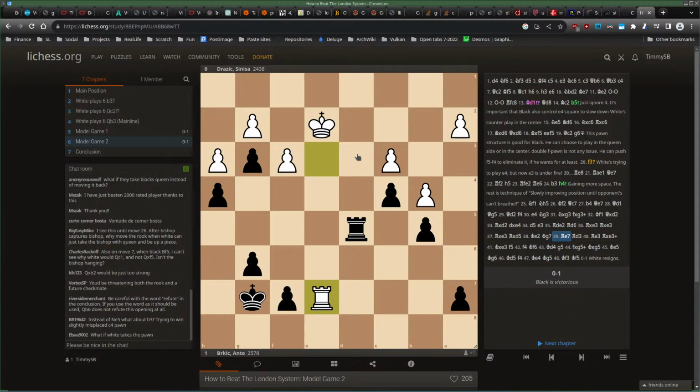Rook d3? Yes, rook d3. We are one pawn up, so maybe he does not want to exchange rooks. So I'm gonna guess he takes a pawn. No, he does exchange rooks. So this should be winning.